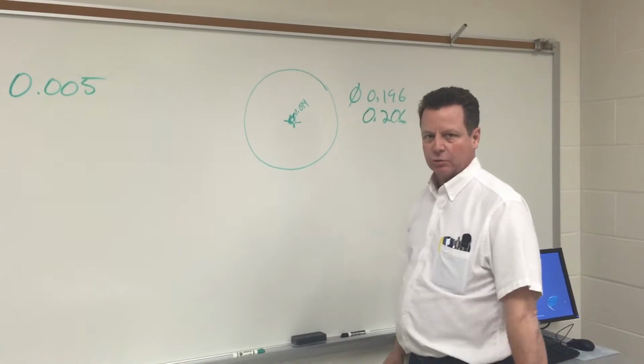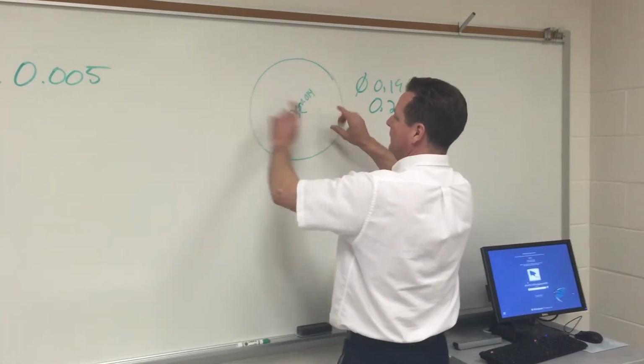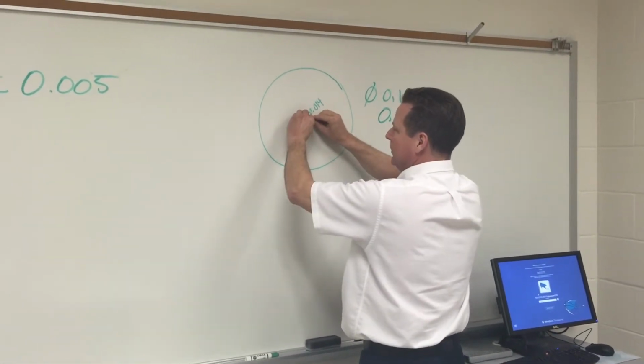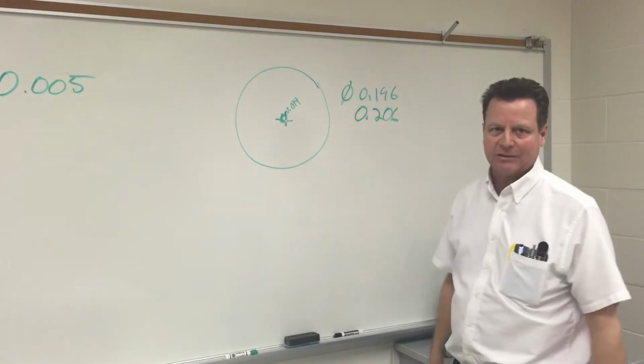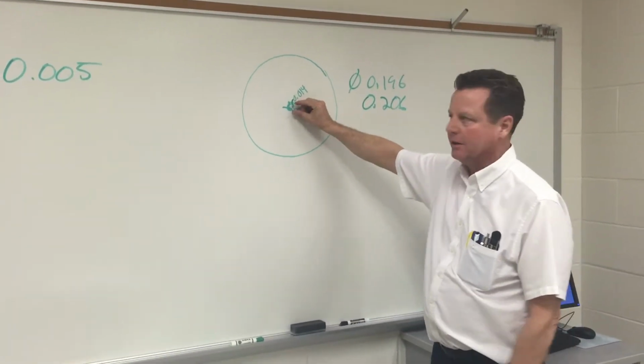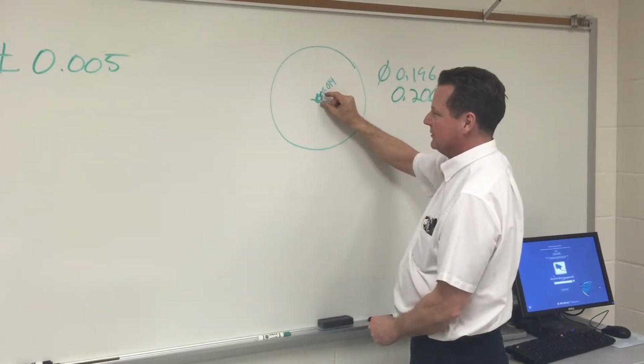On the test, the answer was 23 thousandths because this hole, and this is a hole going through the part, as it gets bigger, the positional tolerance diameter gets bigger. It's 14 thousandths at maximum material condition, which means the smallest the hole can be, it's got a 14 thousandths diameter.